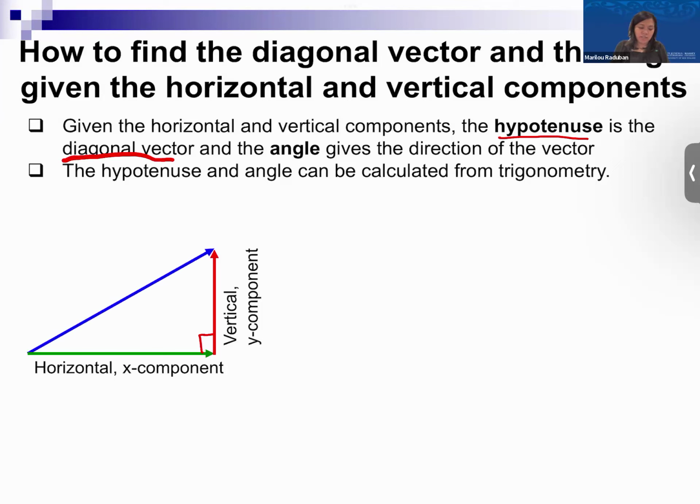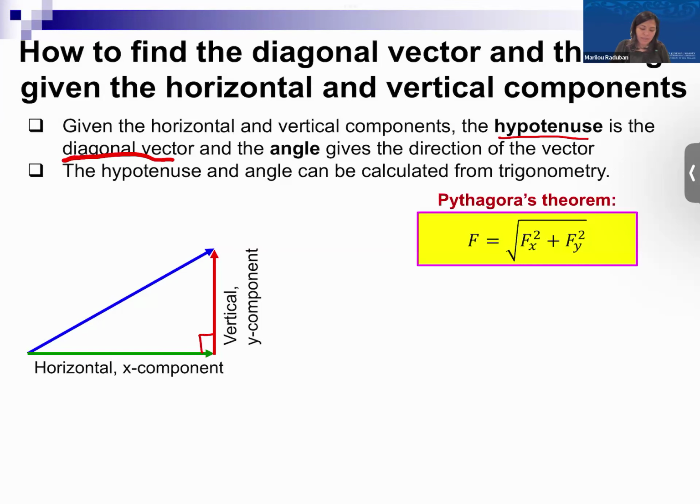Okay? So this is what we want to find. That's the resultant vector that we want to find. And Pythagoras theorem tells us that if you have a right-angled triangle, the hypotenuse of that can be calculated by this equation, square root of x component squared plus y component squared.